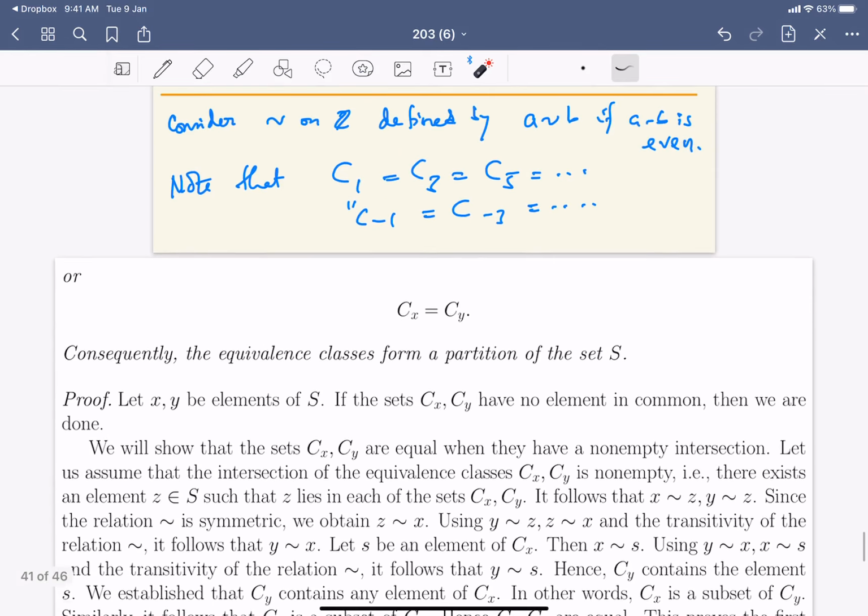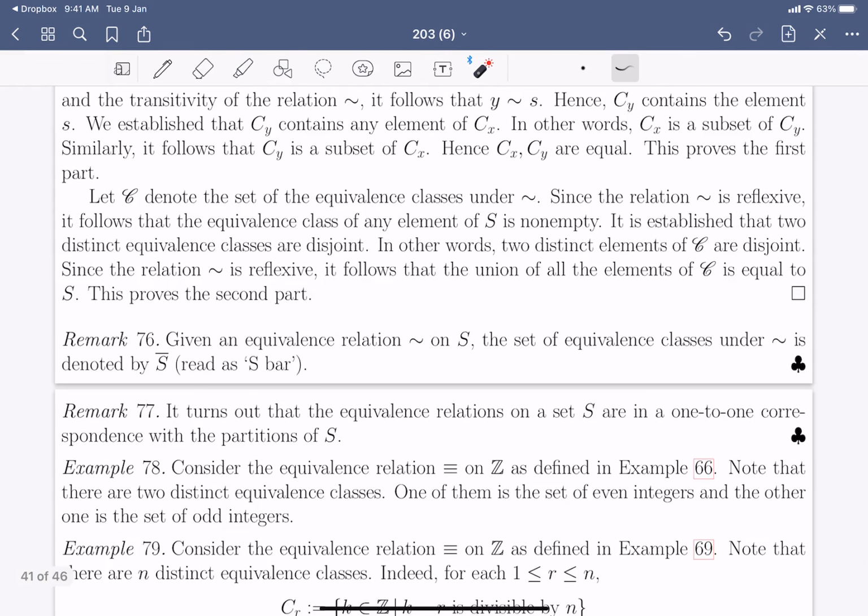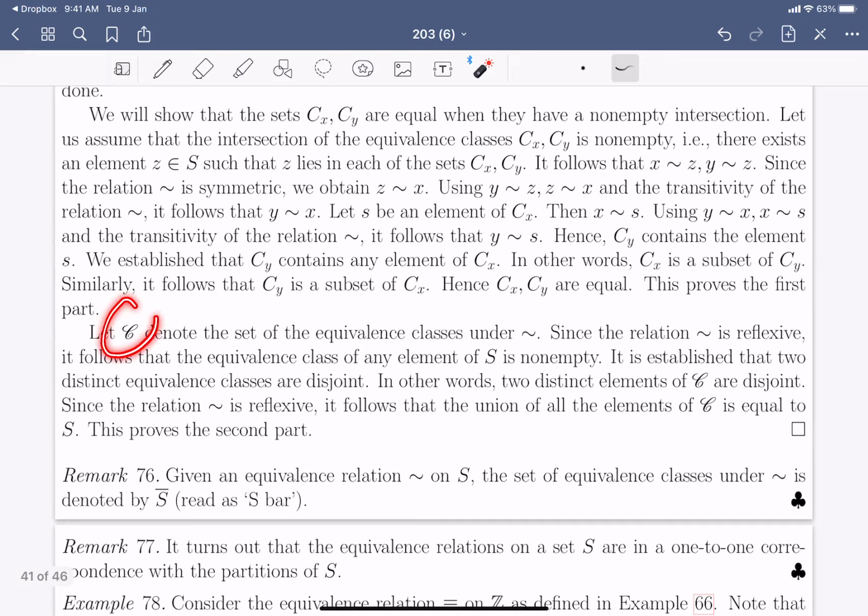And then we need to show, which we have already done, that any two distinct equivalence classes are disjoint. Anyway, we pick the set of all equivalence classes under tilde, and applying reflexivity, as I just mentioned, it follows that the equivalence class of any element of S is non-empty.